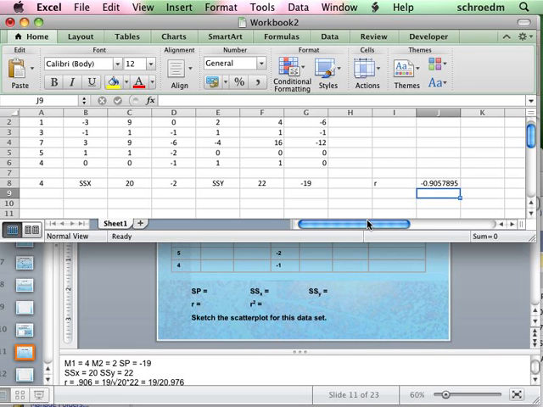Take my word for it. And if we square this to get r squared, we get about 0.82.